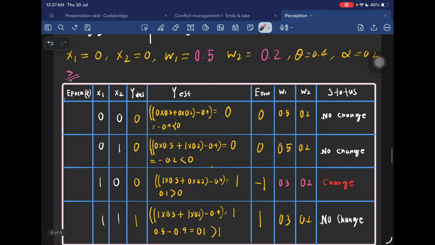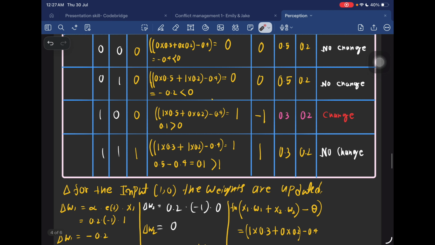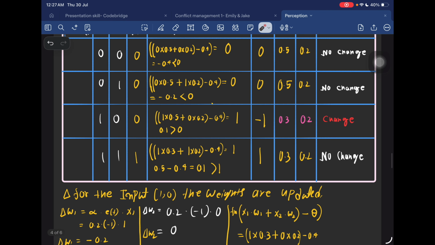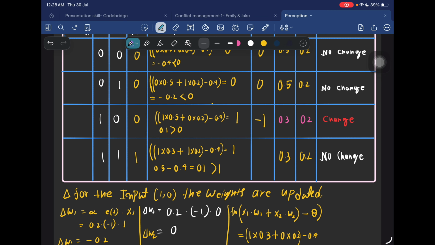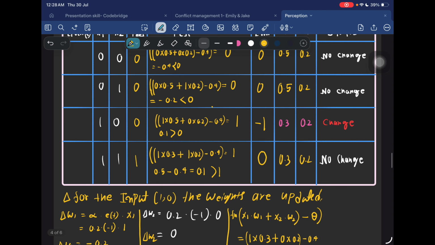One mistake here: the error value is 1 minus 1, so in that case it becomes 0. Okay, so we remove it. Sorry, this becomes 0.